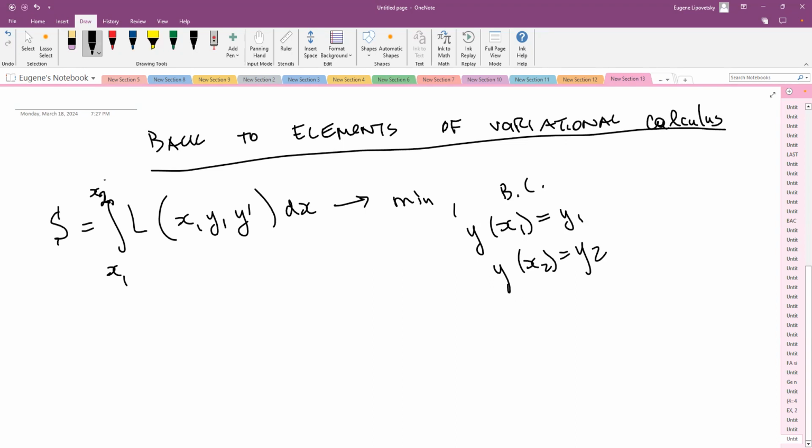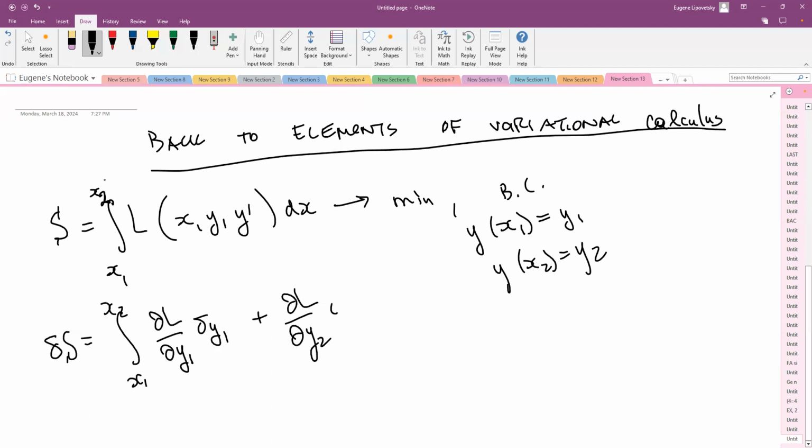And we did it by taking the variation delta S. That was the integral from x1 to x2 of dL over dy delta y plus dL over dy prime delta y prime dx to be 0.